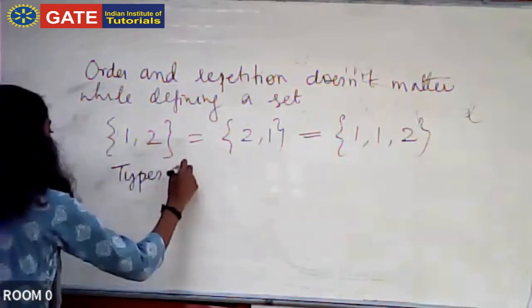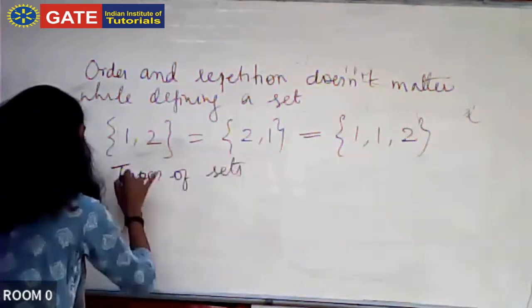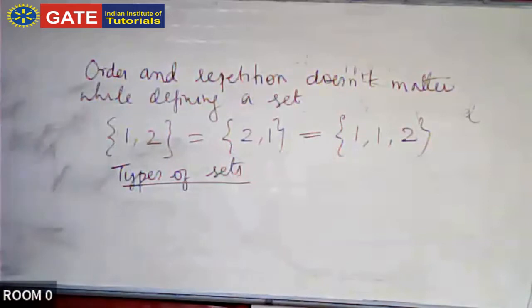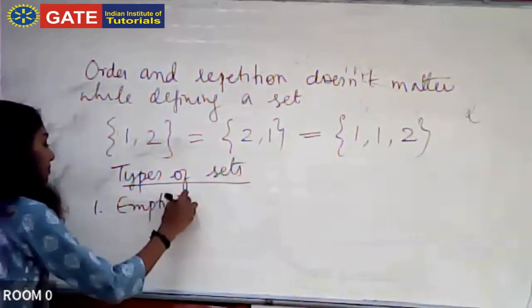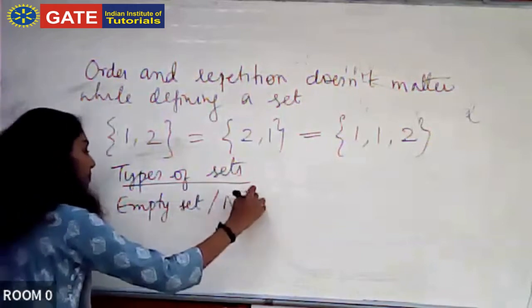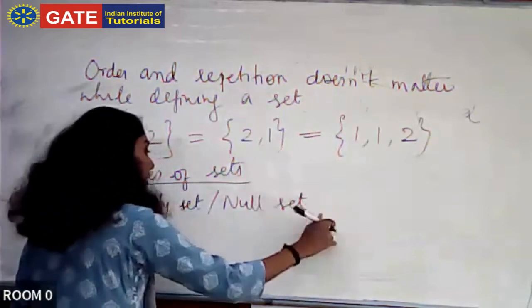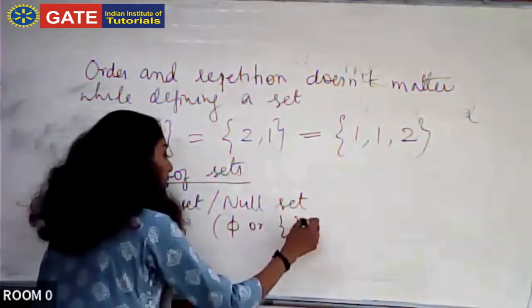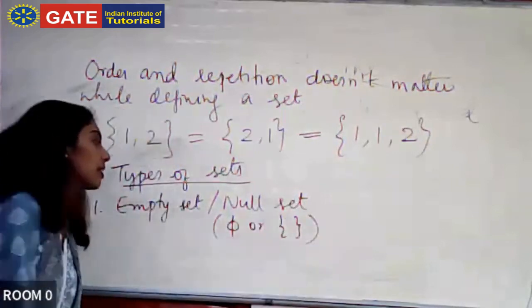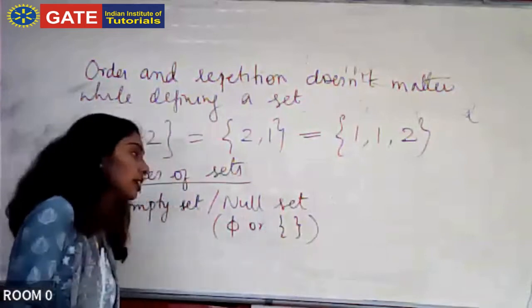Now what are the types of sets? First is the empty set or null set, and we denote it as ∅ or like this. And what is an empty set or null set?